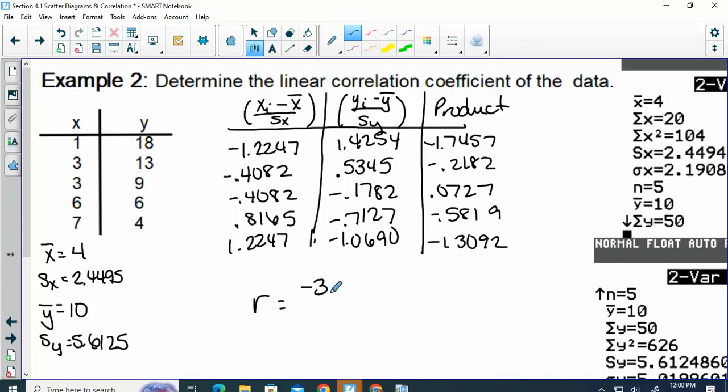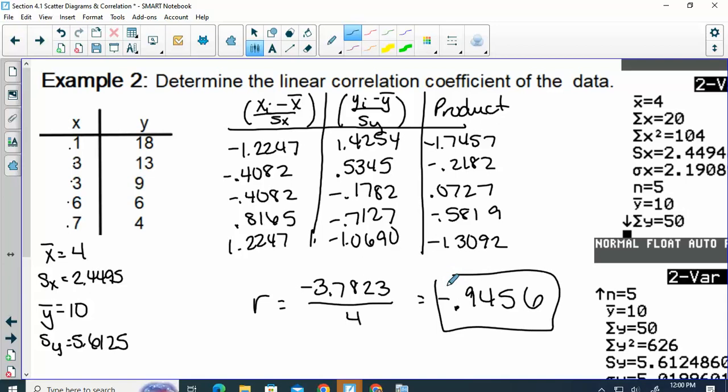We get negative 3.7823 divided by n. We had 1, 2, 3, 4, 5 points, so 5 minus 1 is 4. So we get a correlation coefficient of negative 0.9456. What would that tell me about this data?